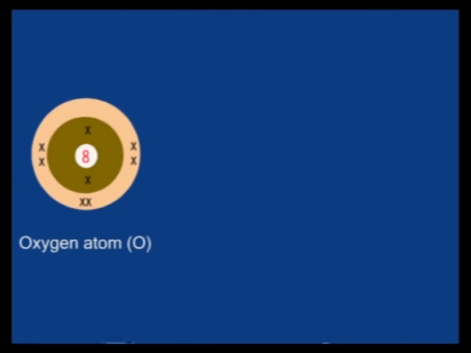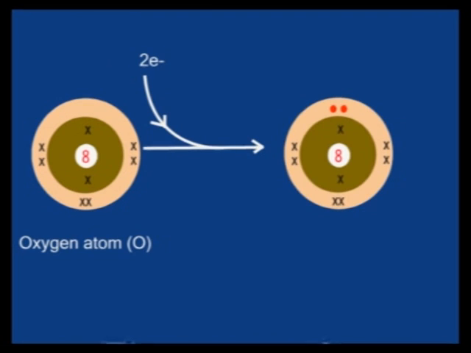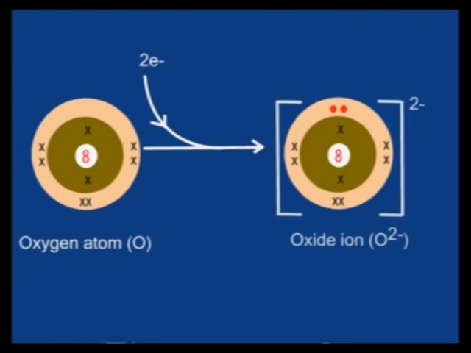Oxygen will gain 2 electrons to become an oxide ion. So if you look at that oxygen atom, it has 8 electrons in the energy levels and 8 protons in the nucleus. So when it gains 2 electrons, the particle that is formed, you can see the new electrons indicated by dots. Therefore, the oxide ion carries a net charge of -2.